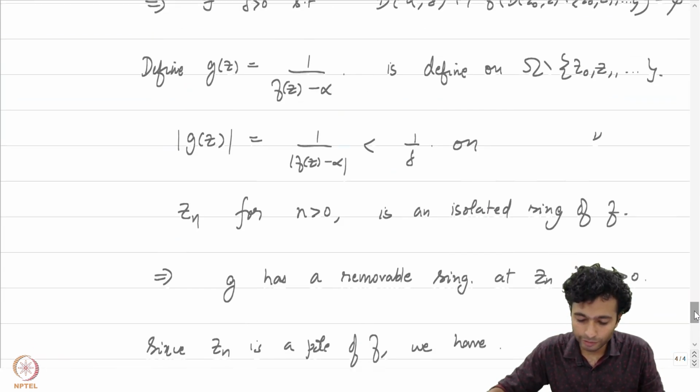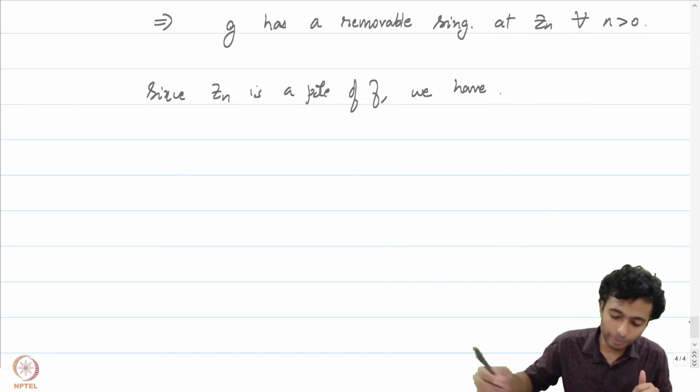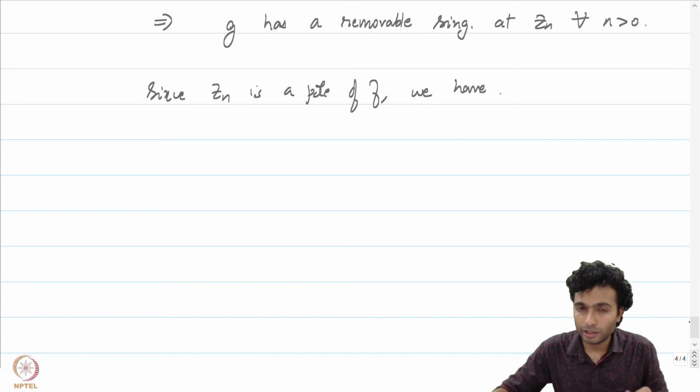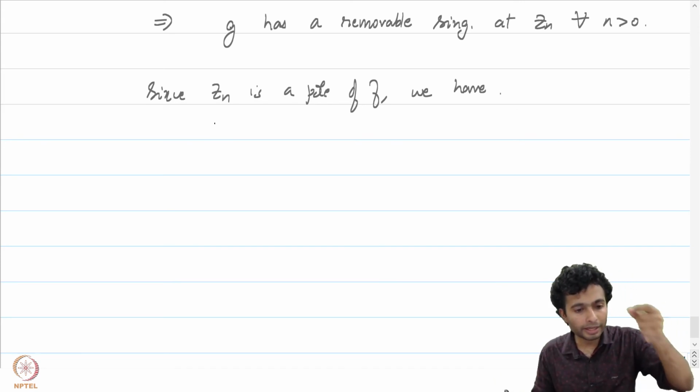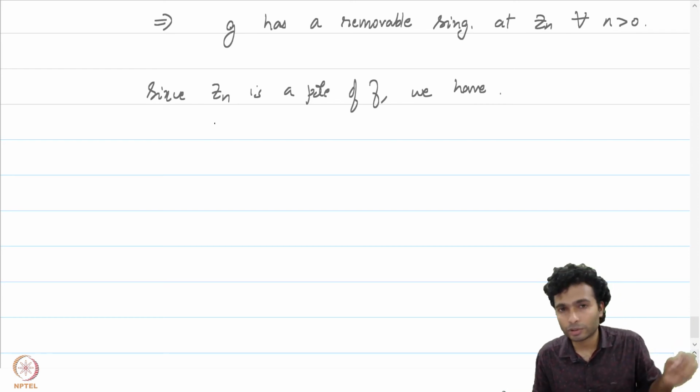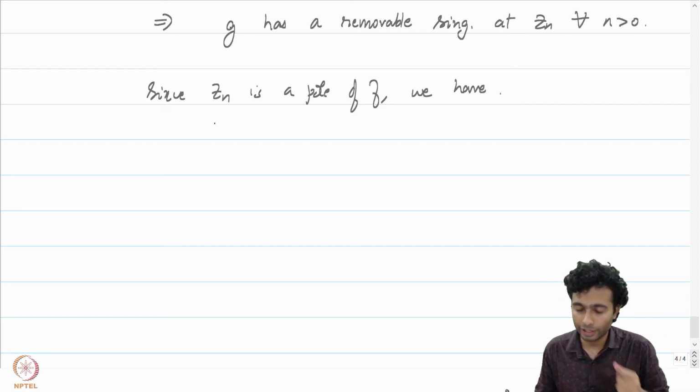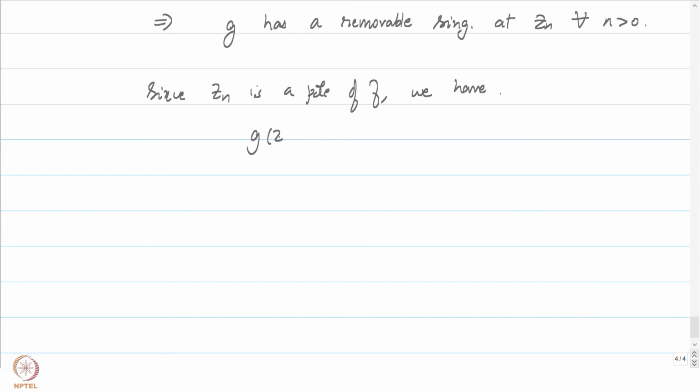Remember that g of z is 1 by f of z minus alpha. As we approach the points zn, the absolute value goes up, and therefore 1 by f of z minus alpha will converge to 0 as z approaches zn for each n, and therefore g of zn is equal to 0. So this tells us that g is now defined on D(z0, r) minus z0, and hence z0 is a removable singularity.